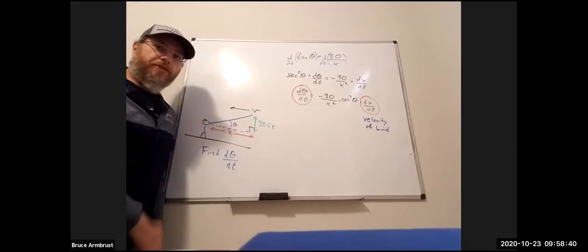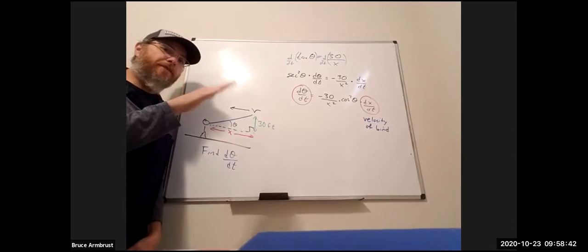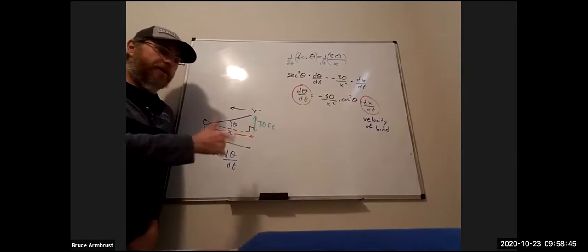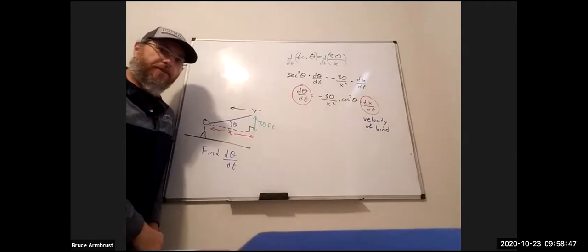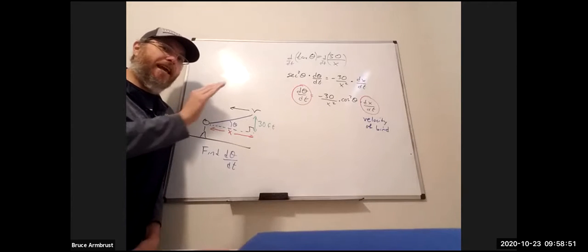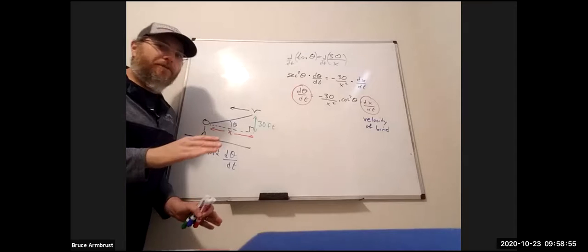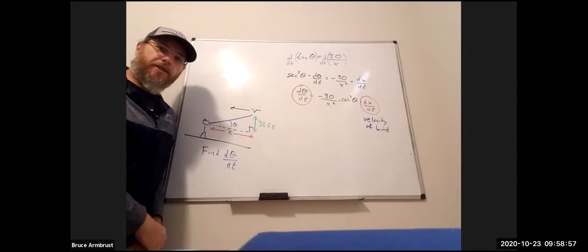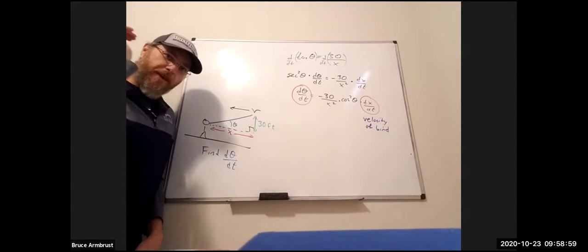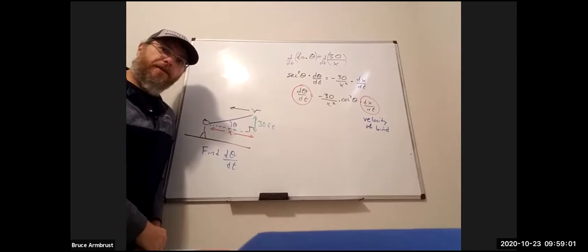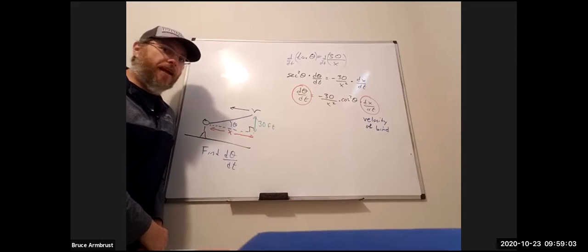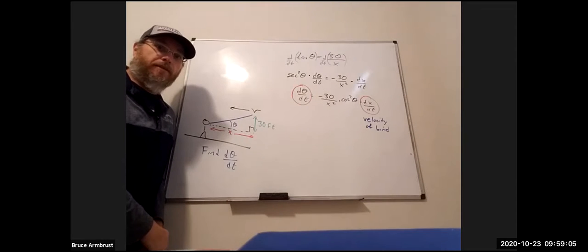But this should make sense too, that how quickly we have to change the angle depends on how fast the bird is flying. If the bird is just lollygagging, barely moving, we're not going to have to go very quickly. But if it's just taken off, then that theta has to change relatively quickly.